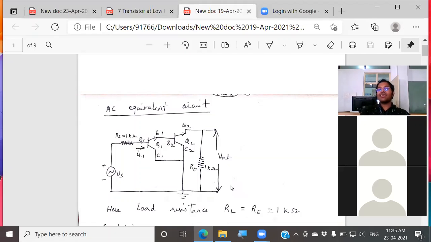Usually common collector gives a voltage gain of nearly 1, unity gain. One transistor gives 1, another transistor gives 1, overall gain 1 into 1 is again 1, right?